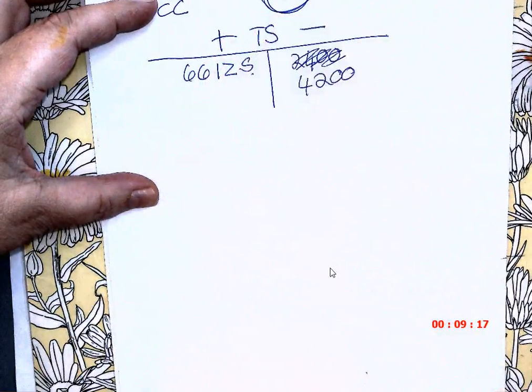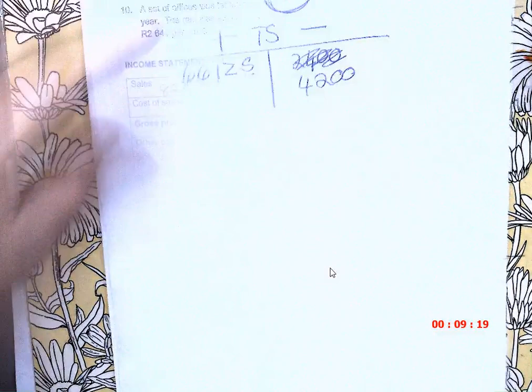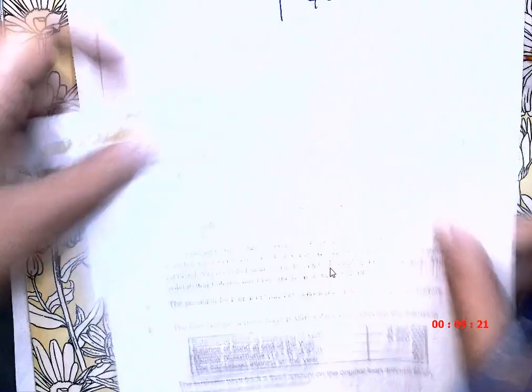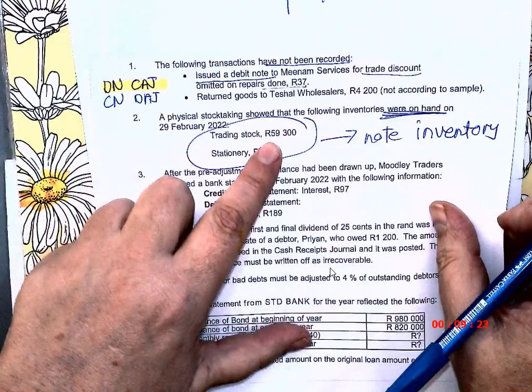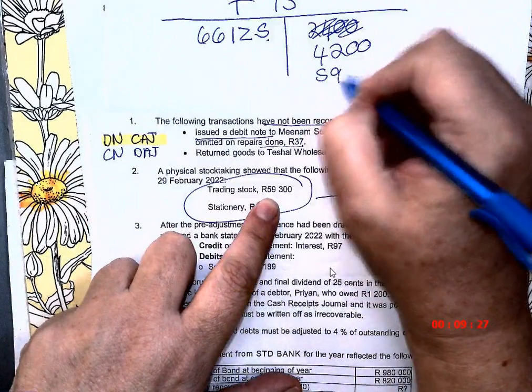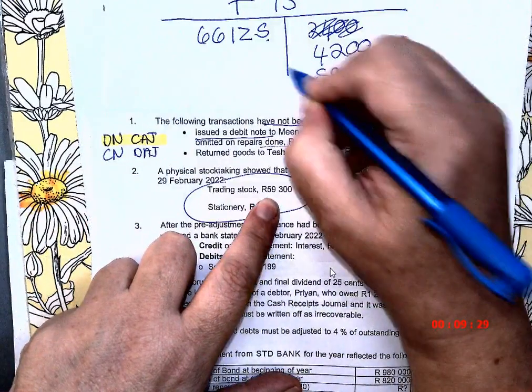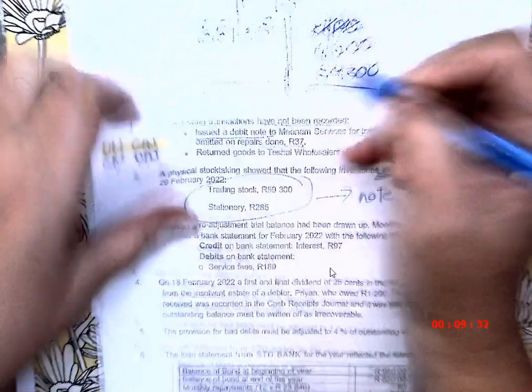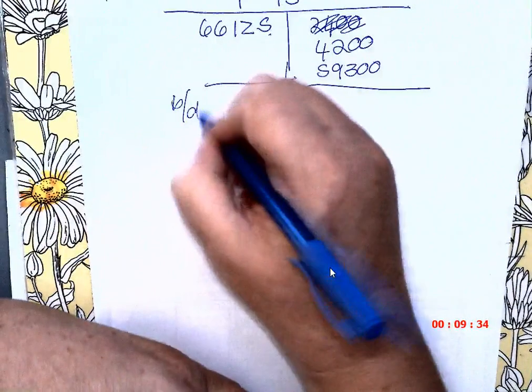I also see that my stock take says I have 59,300 left. So I put that as a balance CO, right? Okay, so my balance BD is also going to be 59,300.